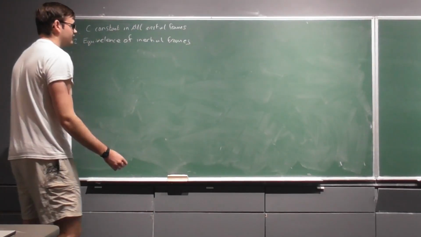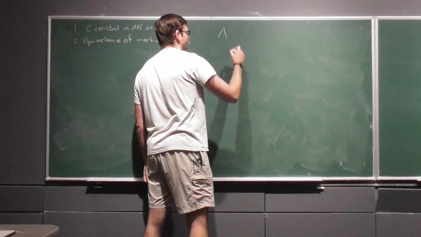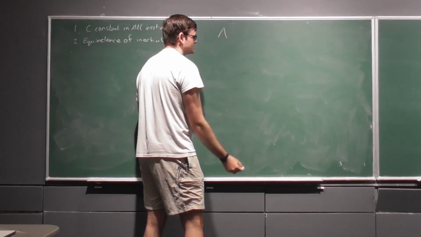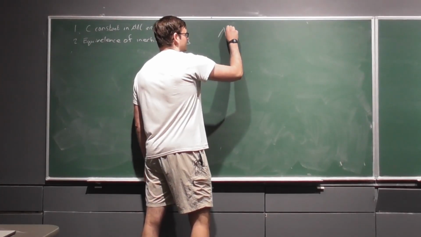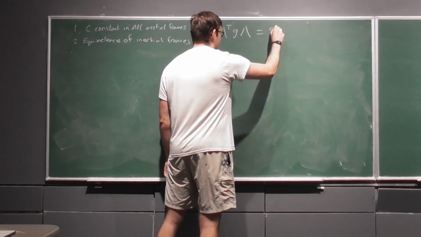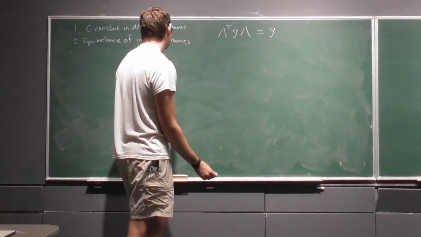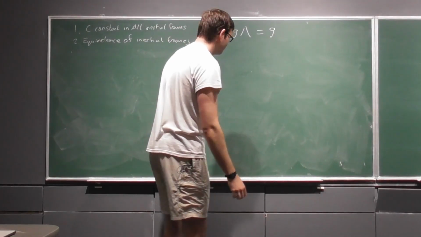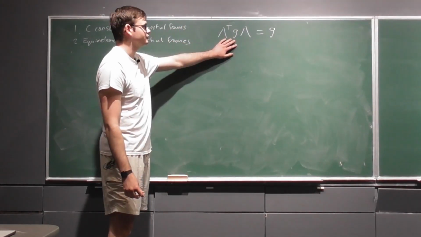Remember now that the condition, so this is our boost matrix, and the condition we arrived upon was that this transpose times our matrix times it again should be the same, right? That's because we're taking the inner product.